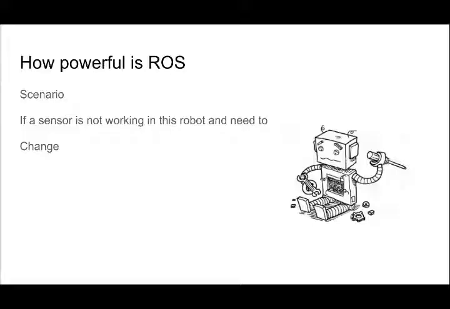You don't have to care about localization, mapping, obstacle avoidance, or PID controllers. You don't have to care about all those things, you just have to change the sensor program, so it will be easy, right? So that is the powerful thing about ROS.